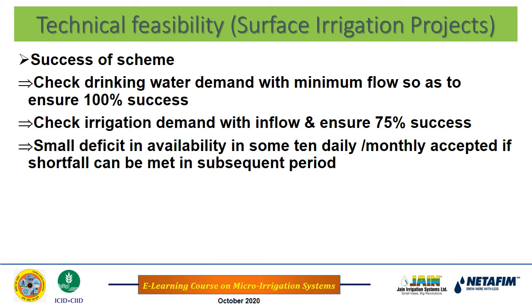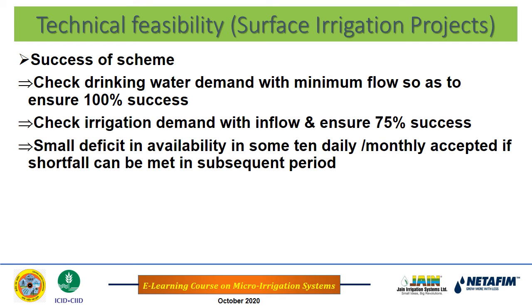Now as far as success of the scheme is concerned, if we need to provide drinking water demand, then only the minimum flow that is available can be used, and only that much of drinking water needs can be met, because drinking water needs are to be ensured on 100% dependability or 100% success.